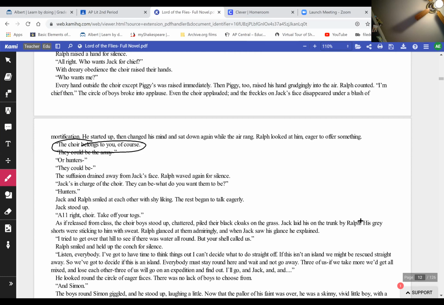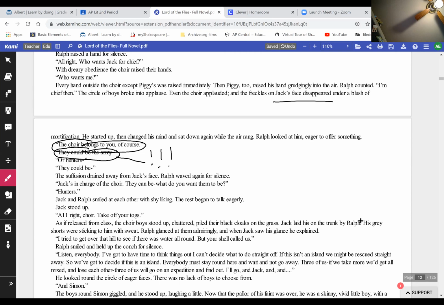And you can even see here how angry Jack is. And then, the choir belongs to you, of course. They could be the army or hunters. And you look at the very first thing that Jack thinks of, and it should have been an alarm. The very first thing he says is they can be an army, which there's no reason for. There's no fighting on this island.